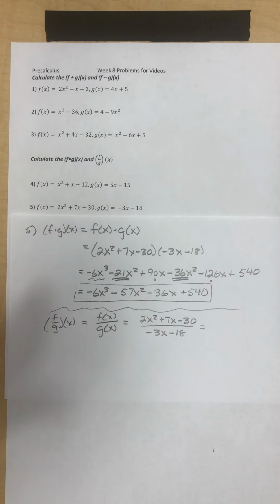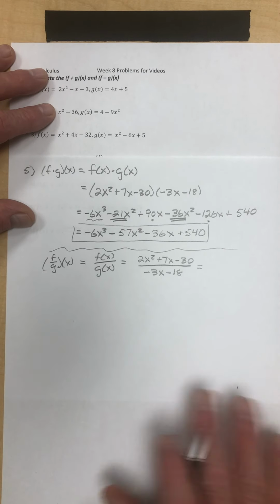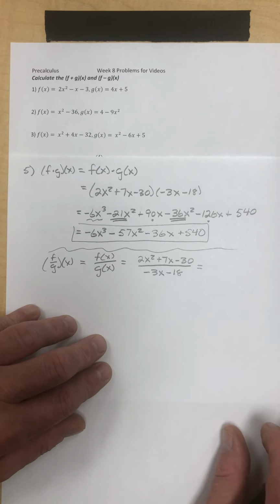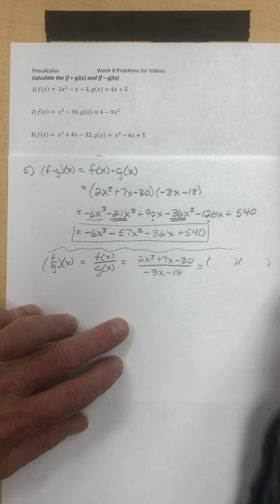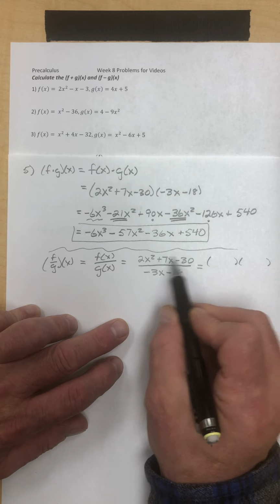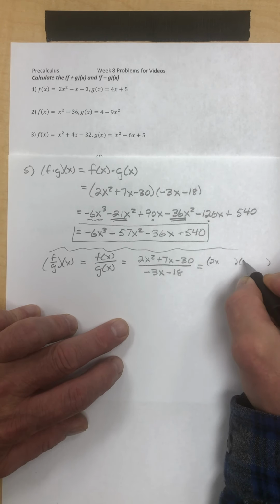Once again, the only way I can reduce that, if it's possible to reduce, is to look at things in factored form. Up above, the GCF in the numerator is 1, so that doesn't help. So let's see if we can factor it.